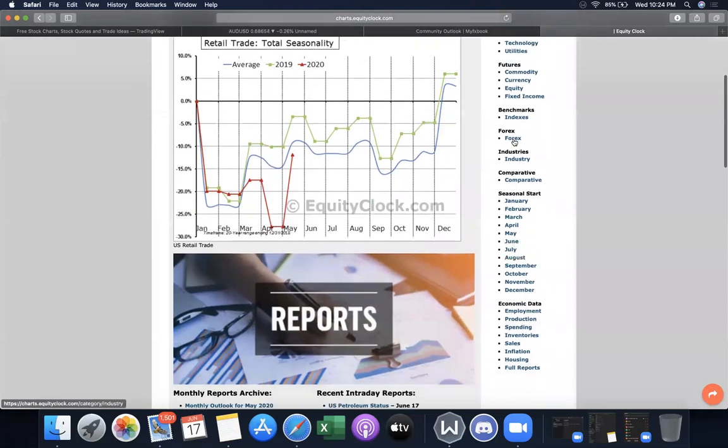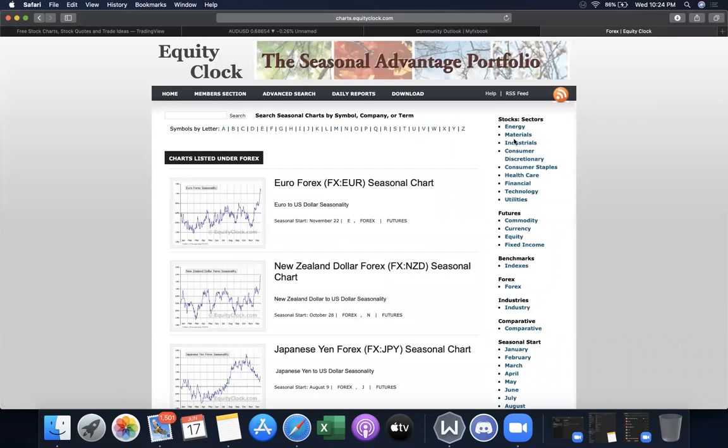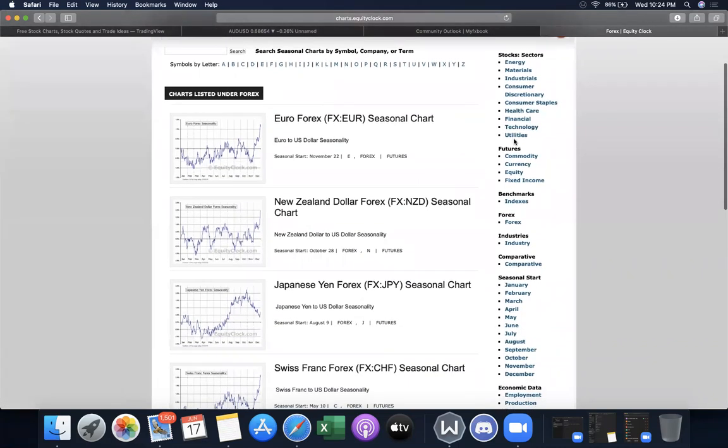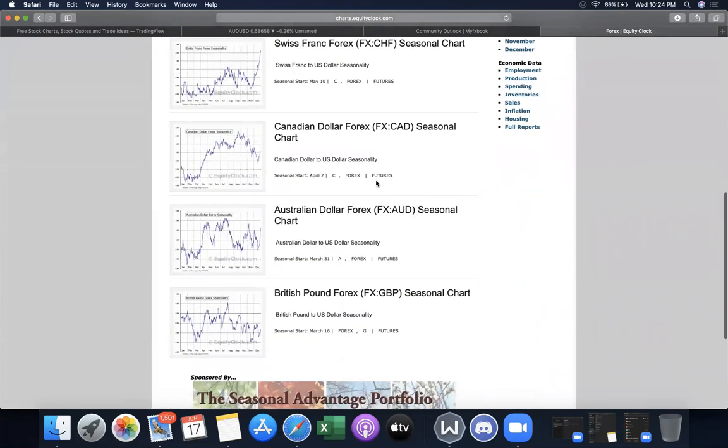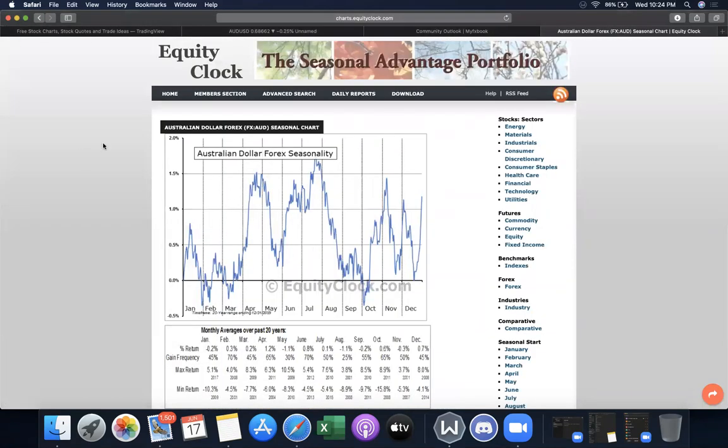So let's go back. Forex. And then AUD USD. So we're looking for that buy continuation, right? Which is going to be right here at the end of the month. That's what we're looking for. Right at the end of the month. So probably next week, right? Maybe.